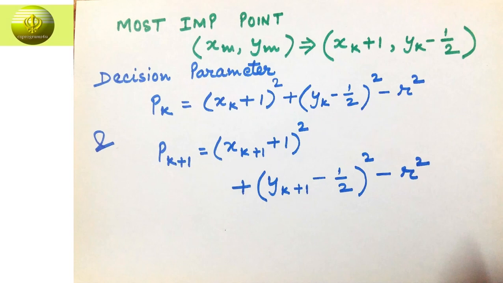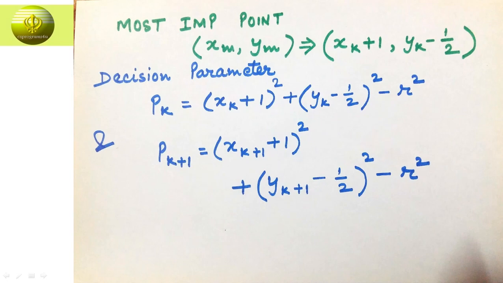Now, for the calculation of the decision parameter, what is the decision parameter? It's x square plus y square minus r square. But at this place, the value of x is xk plus 1 and the value of y is yk minus 1 over 2. That's why I have written (xk plus 1) whole square plus (yk minus 1 over 2) whole square minus r square. And for the next point, pk plus 1, what we have to do?